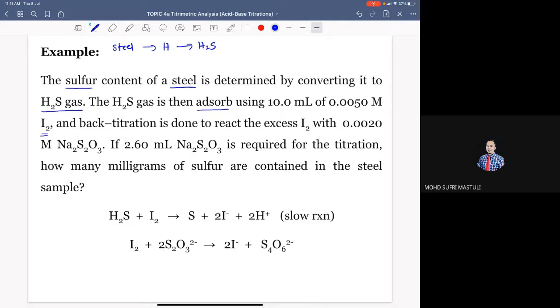Okay, and then we said here back titration is done to react the excess I2. So meaning that the first titration is iodine as a standard solution in excess, and then you have in the aluminium flask H2S.